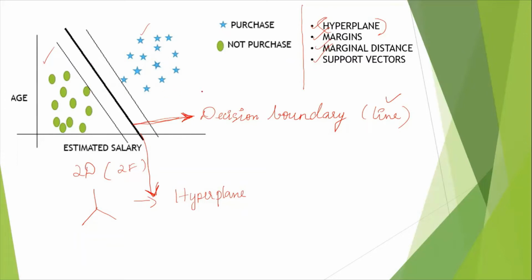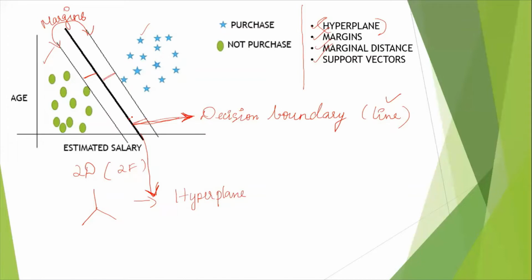The next thing is margins. Okay, using this we divided, but how did we divide? First of all, we have to take these two lines, okay? These two lines are called margins. These margins are parallel to the hyperplane, sorry, the decision boundary in 2D here.